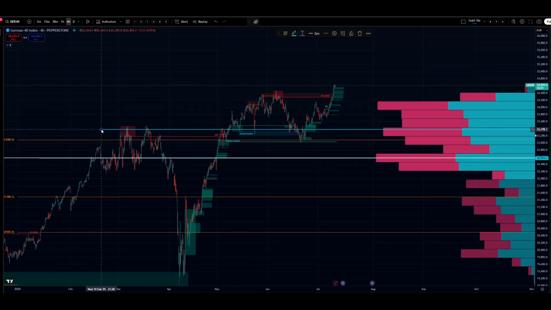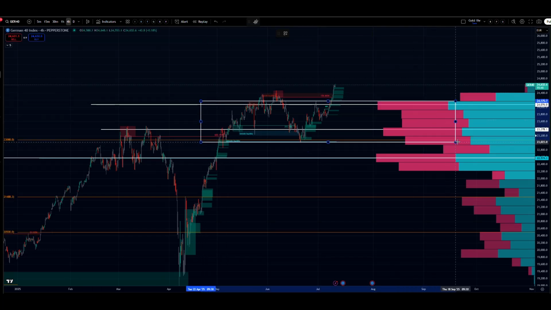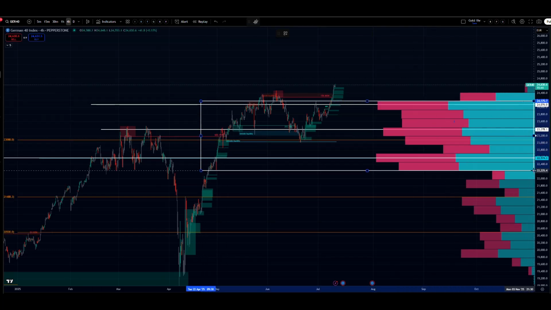So this one again is a key volume level, and again here. But as a whole, we can mark this zone as well, because we essentially have a lot of volume here.